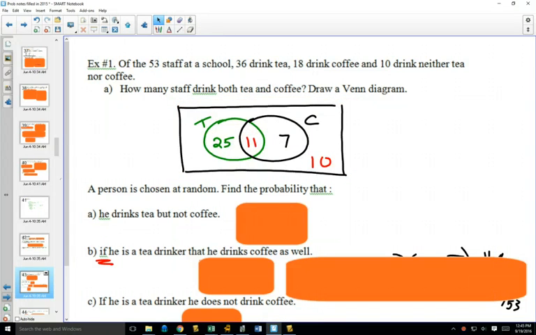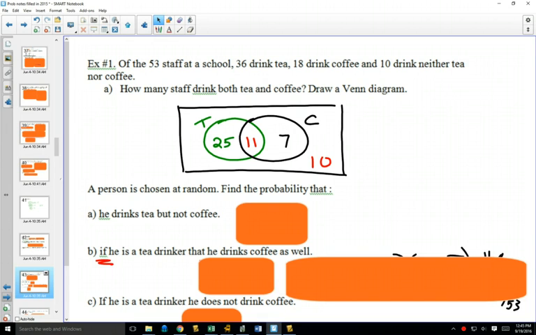You'd probably start with a 10 on the outside, leaving 43 left in the other 3 circles. If you add the 36 plus the 18 up, that adds to 54. And since there's only supposed to be 43 in the middle section, you would say to yourself, I've added 11 too many. So that's how we could know that there's 11 in the middle.